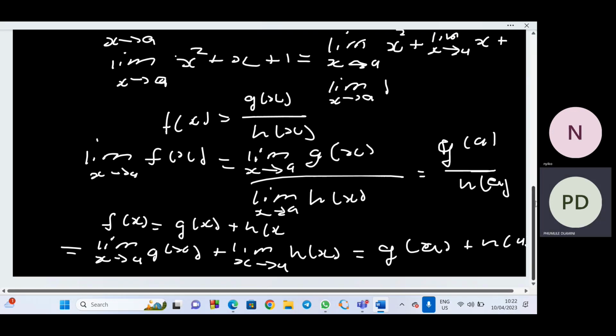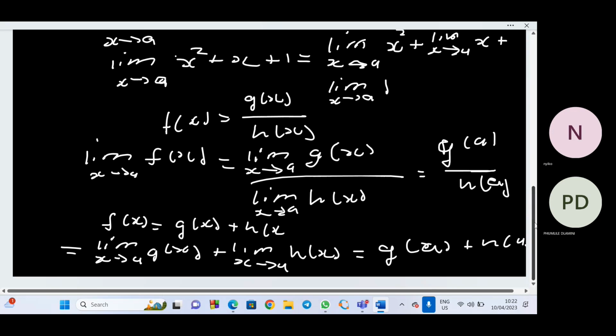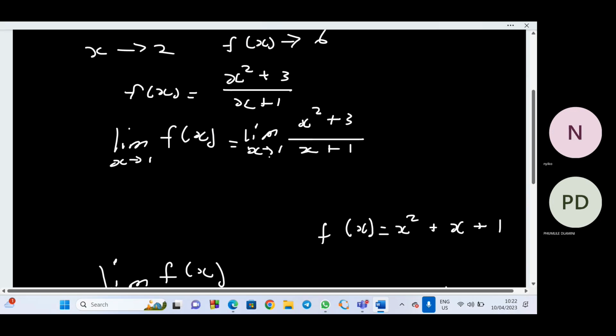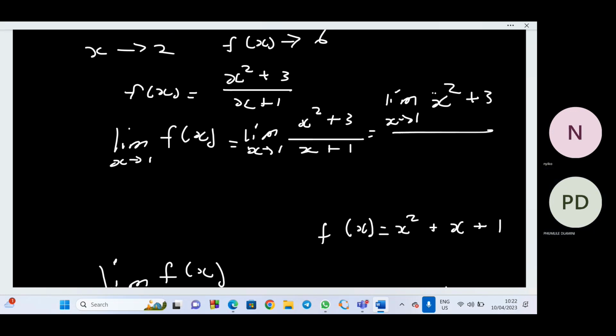So now when we solve this limit, the one we have been doing, we can write this as the limit when x approaches 1 of x squared plus 3, over the limit when x approaches 1 of x plus 1.